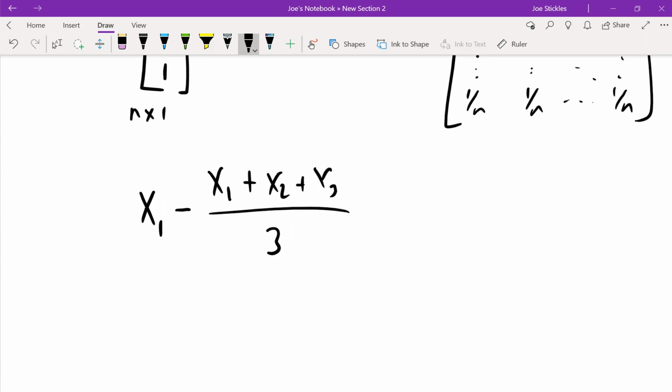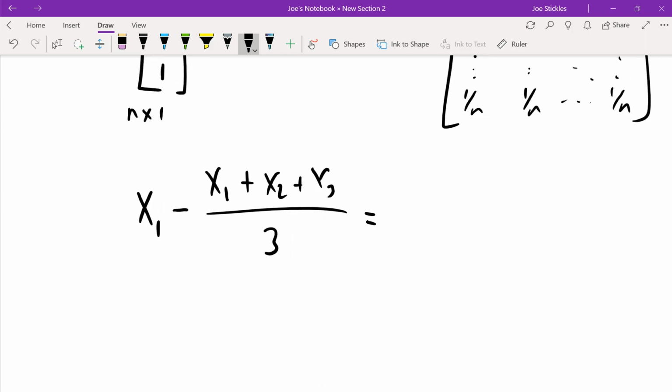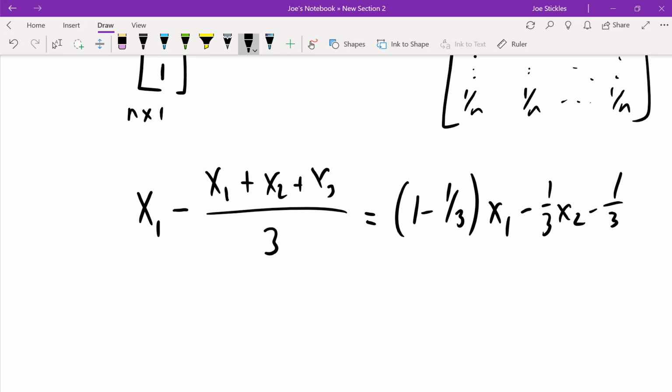Well, notice that if I rearrange this, I get 1 minus a third times x1, and then minus a third x2, minus a third x3, right? We agree with that?